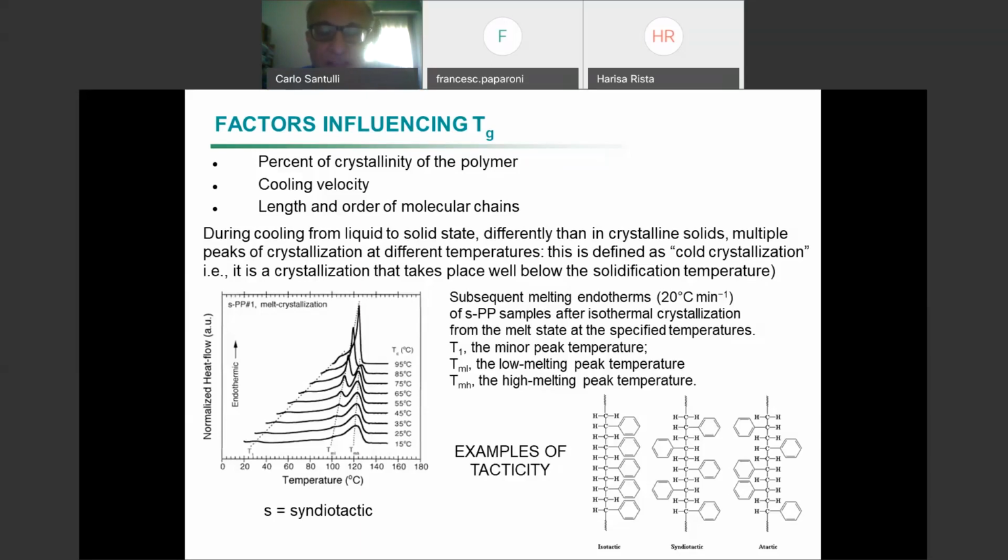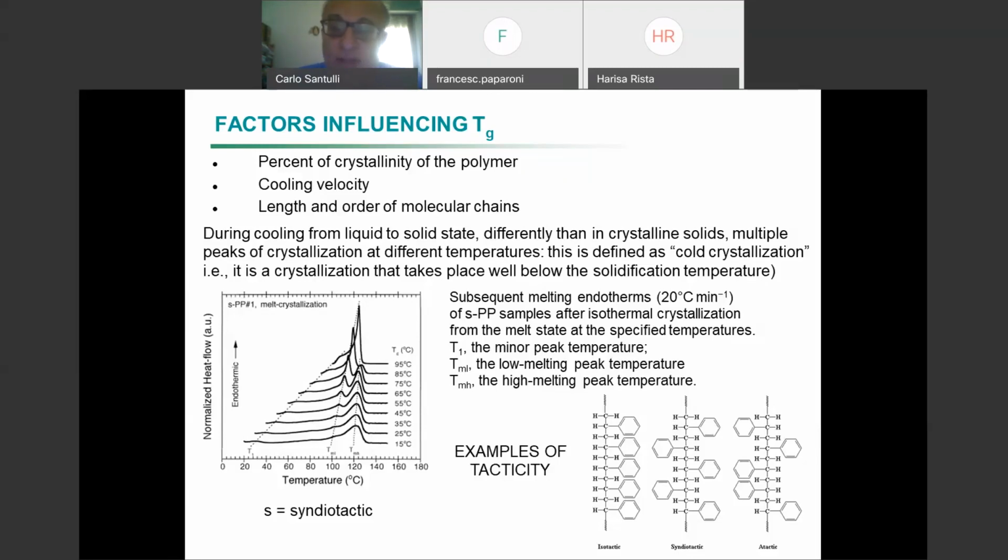That means that you may have the influence of the velocity of cooling with respect to how the chains are arranged, so the length and order of molecular chains. And the other consequence is that crystallization occurs at different extent depending on the TC, so which temperature of cold crystallization.